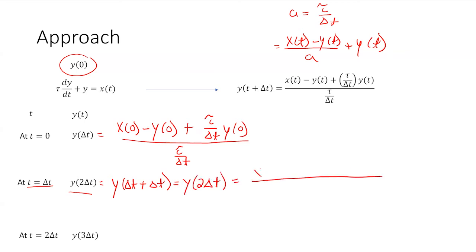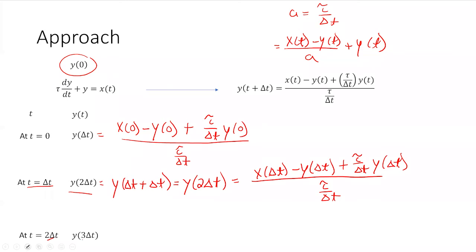I would put x, whatever value it has at delta t, minus whatever y value is at delta t, plus this scaling times y of delta t, all over that, okay?